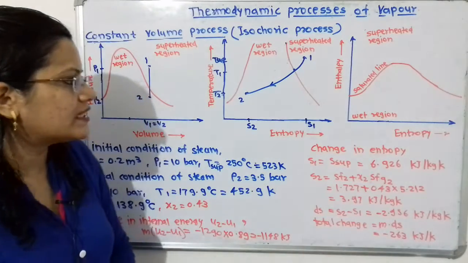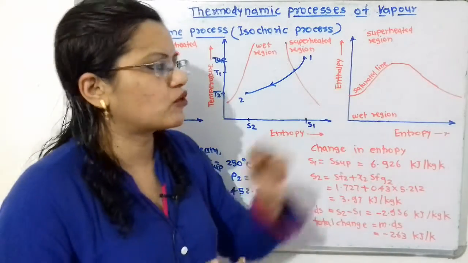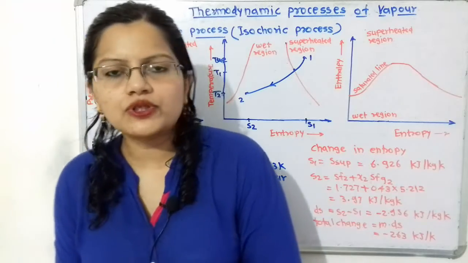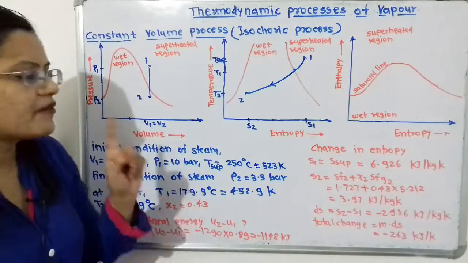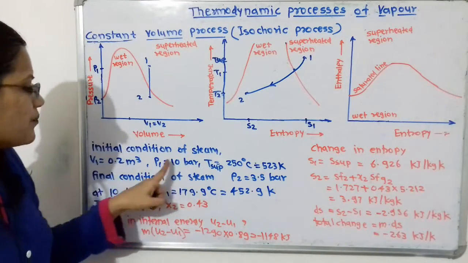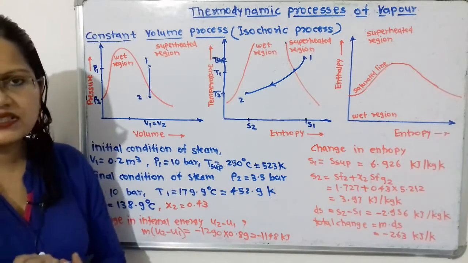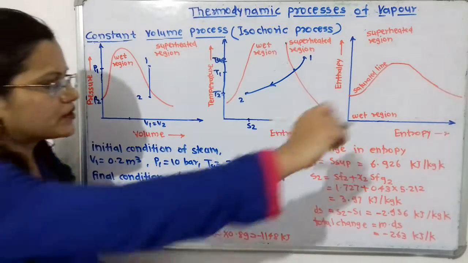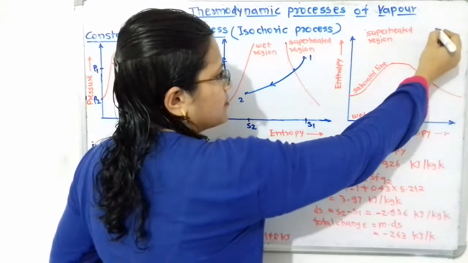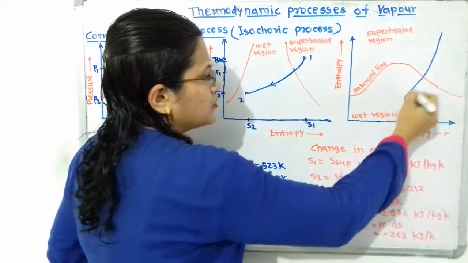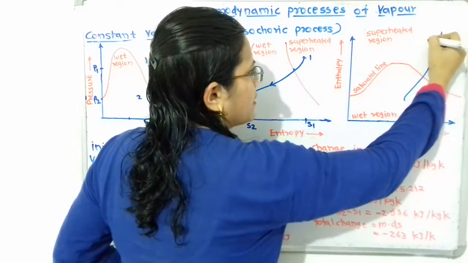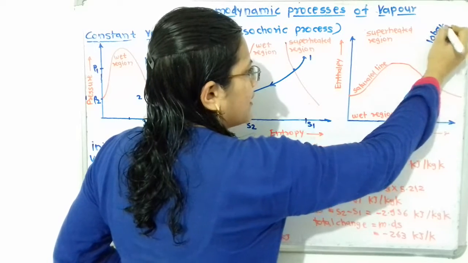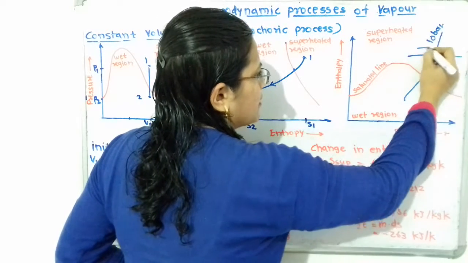Now we will show this on the enthalpy entropy diagram. How to show that? For point 1, the pressure and temperature are given. Here are some pressure lines in this way. Suppose this is the pressure line for 10 bar, and the horizontal lines are the temperature lines.